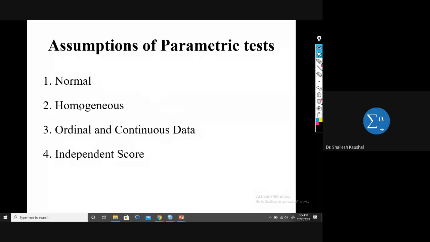The third condition is our data should be ordinal or continuous data. And fourth is independent score. It means one person's score should be independent of another. But there are two main assumptions of the parametric test. One is normality and second is homogeneity.